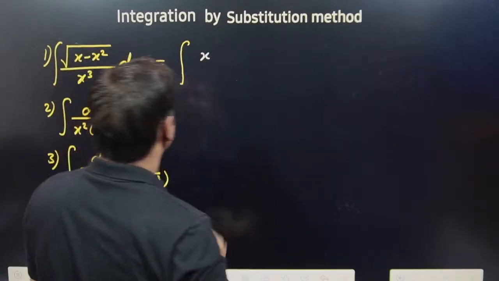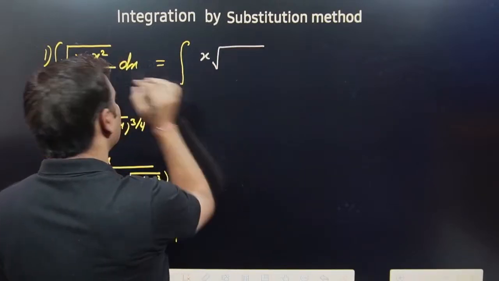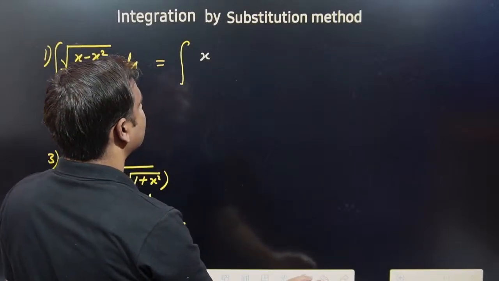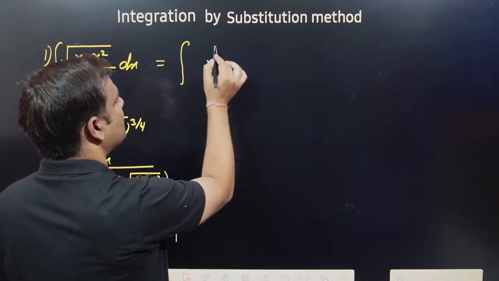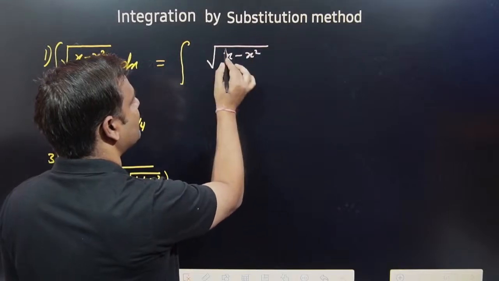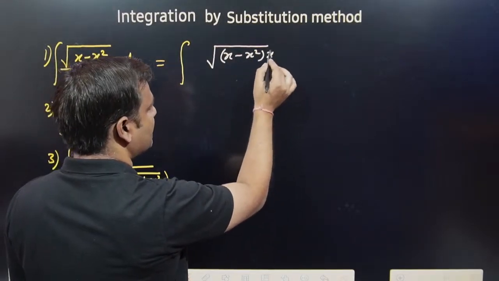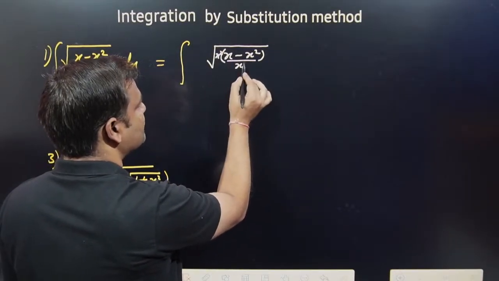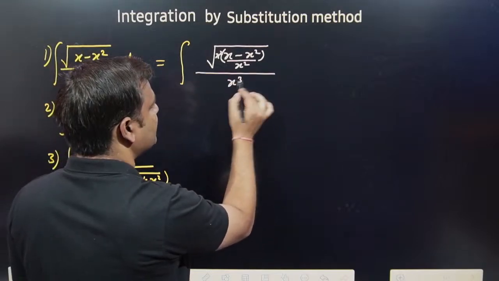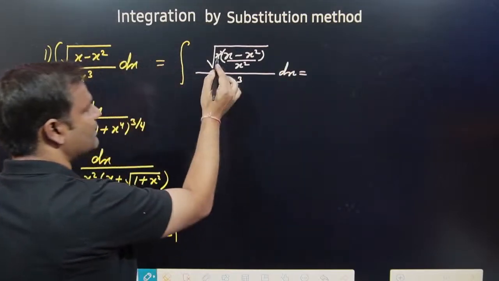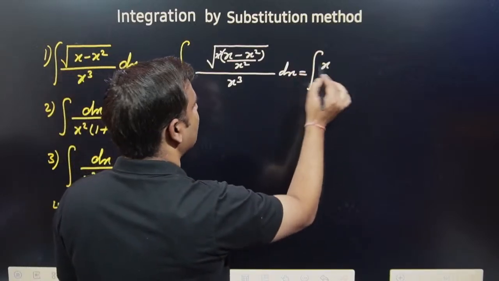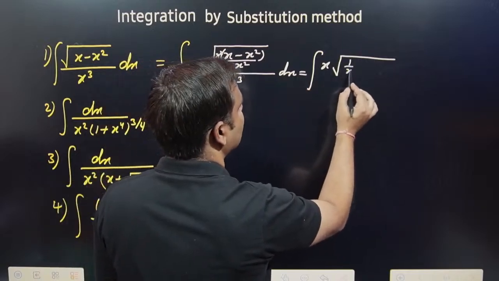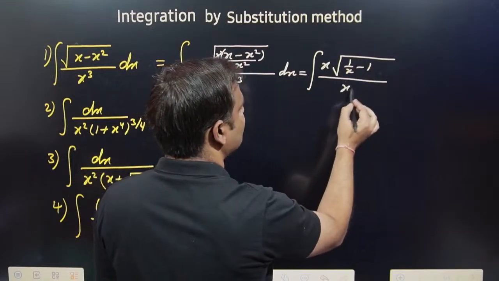Basically if x is common, this is written simply as 1 upon x. Look here, x minus x square. If x square is common, then divide by x square, divide by x cube dx. So that is root x into root of 1 by x minus 1 divided by x cube dx.